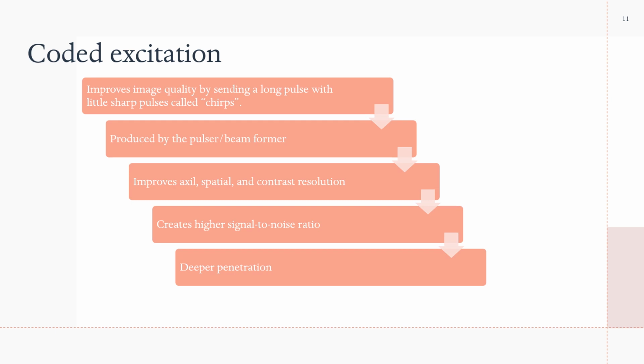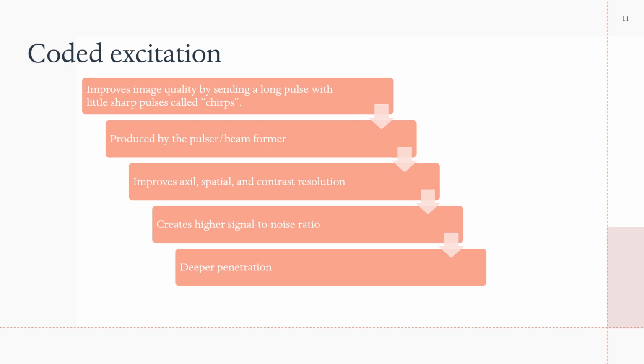Another post-processing function is coded excitation. Coded excitation improves the image quality by sending a longer pulse with little sharp pulses called chirps. These little chirps along the long pulse are like little codes that capture little pieces of detail that maybe a longer continuous pulse might not get. This function is produced by the pulser or the beamformer in our transducer.